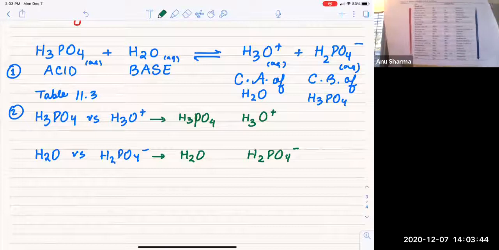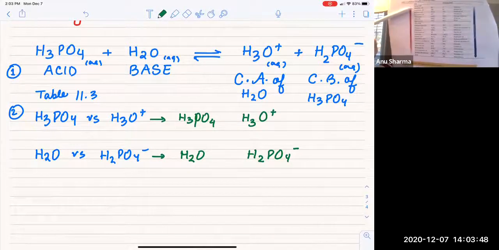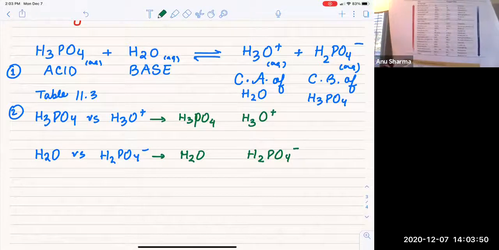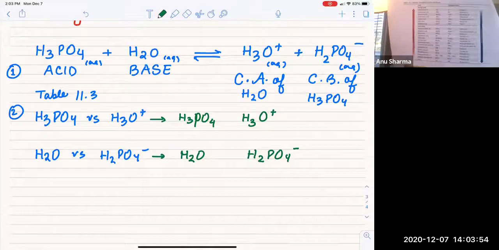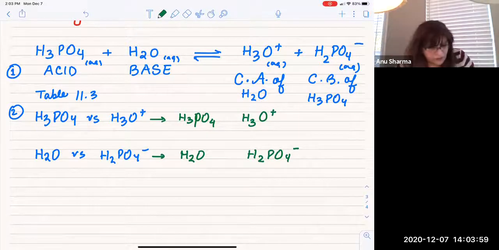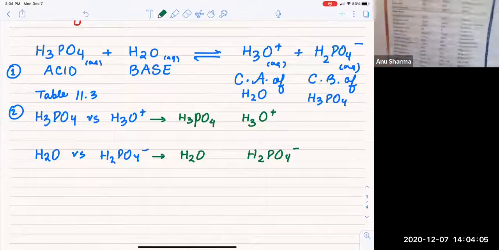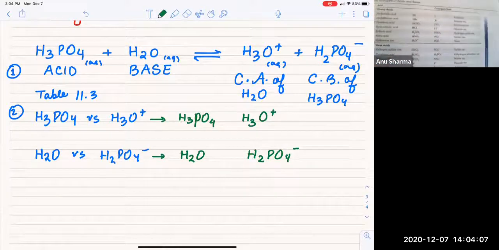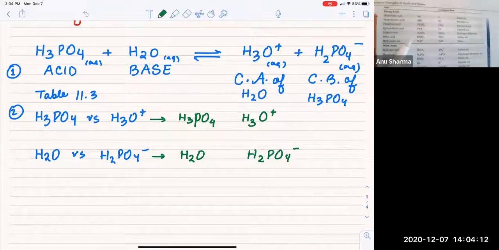So compare now H3PO4 and H3O plus on the acid side. Where are they placed? H3O plus is stronger.